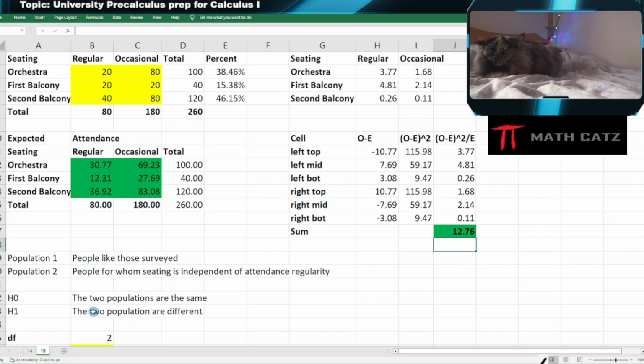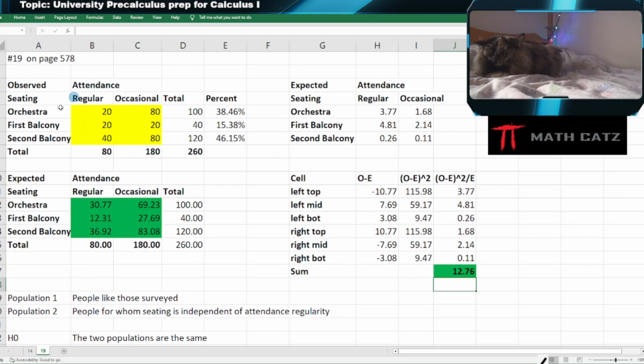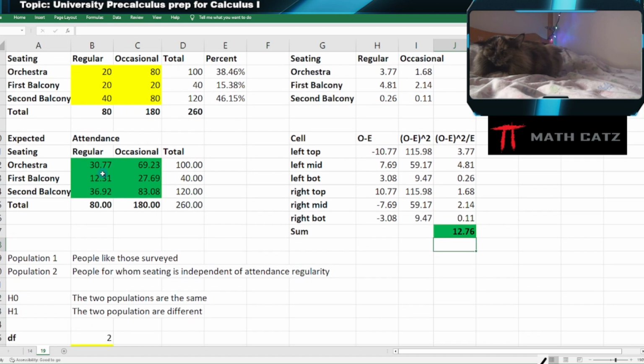They are actually related to each other in some way, and the attendance type depends on the seating type or vice versa. There's some dependence. That these observed scores differ too much from what I expect if there was indeed independence.